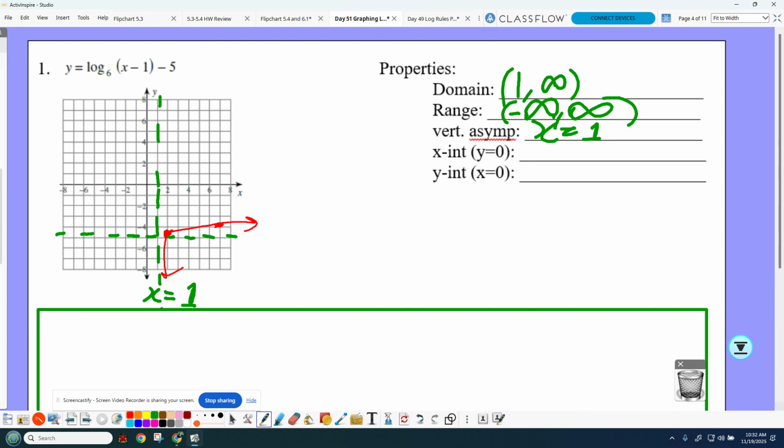Emmy, how would we find the x-intercept? It's a lot of work, I'm sorry. But Jasper, what's the y-intercept?